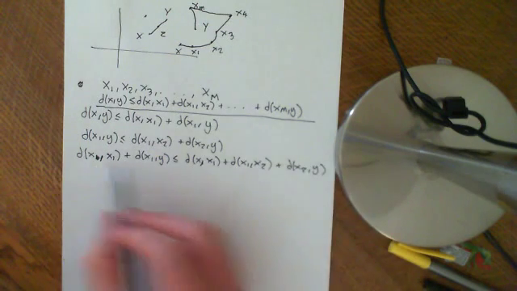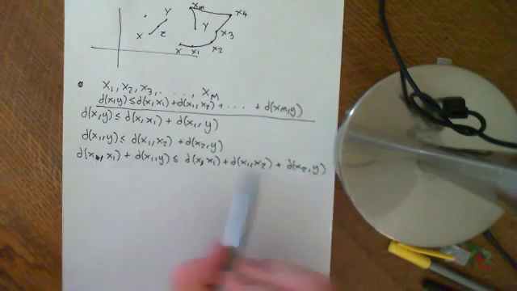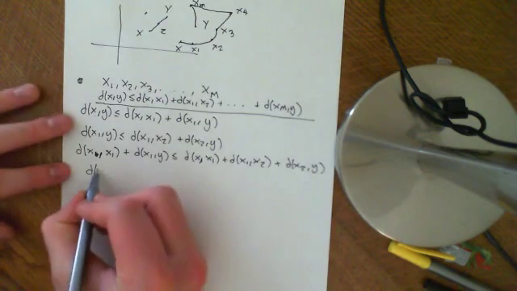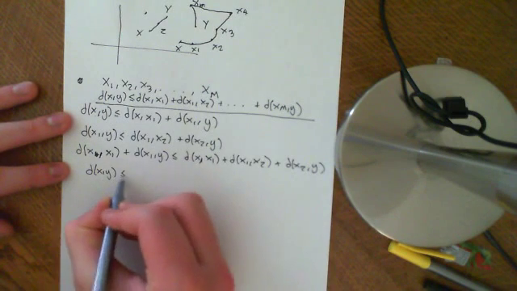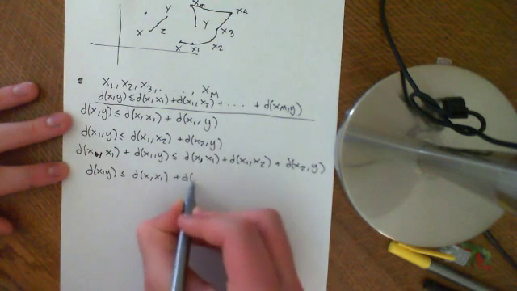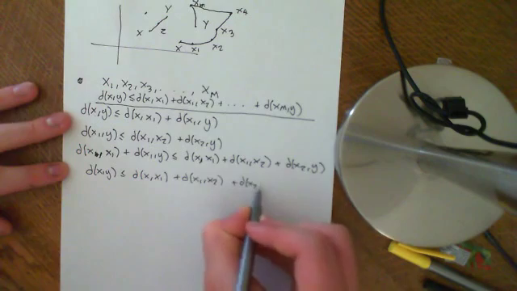Then we can apply the transitive property of inequalities: if this is less than or equal to this, and this is less than or equal to this, then overall the distance between x and y is less than or equal to the distance between x and x1 plus the distance between x1 and x2 plus the distance between x2 and y.